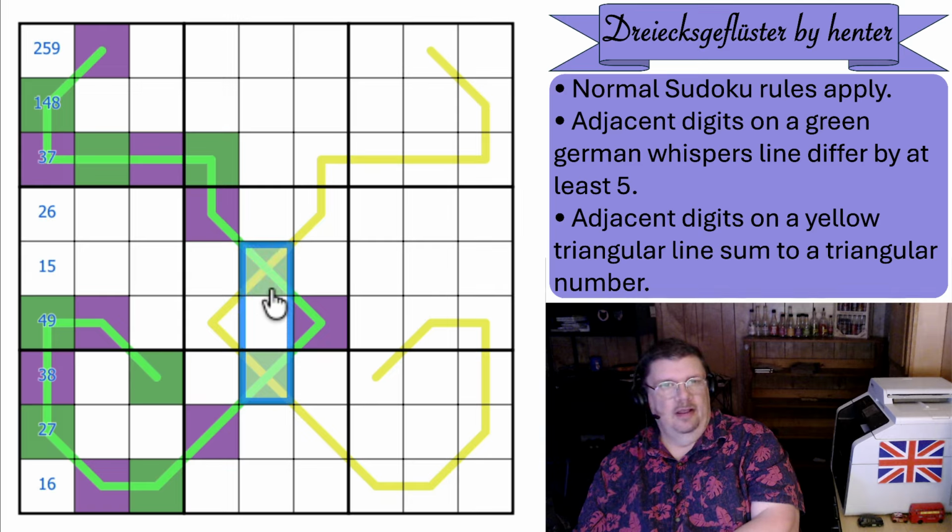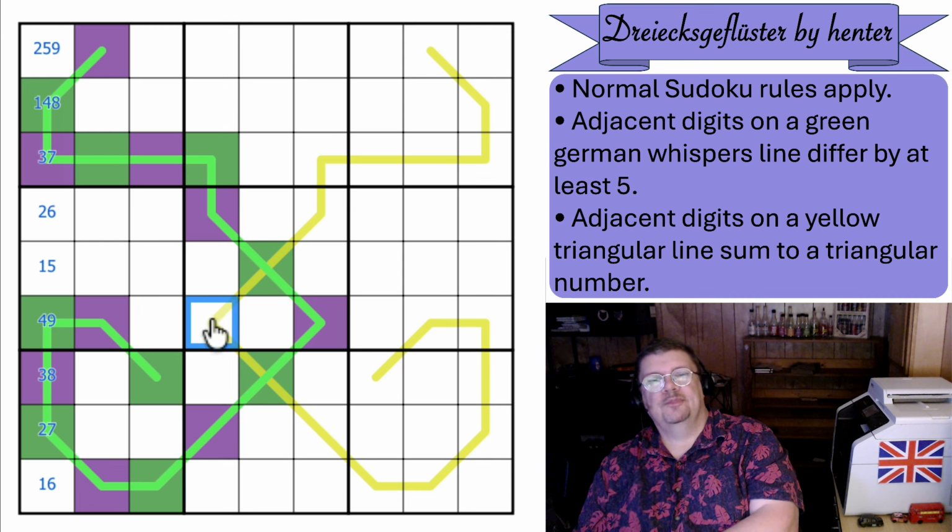So that would mess that up. So I can't put 9 there. Similarly, I can't put 8 there, or 7, or 6. I can't put 5 there because I can't put 2 1s or... Well, I could... Wow, ooh.